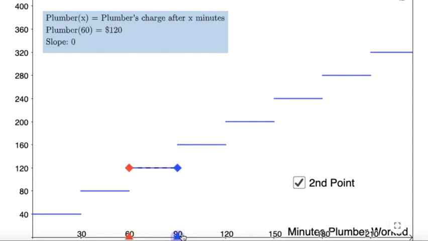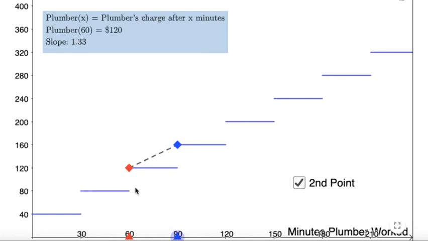It means that for each additional minute worked, and let's go back as close to 90 as we can get here before we jump down, you can see right here, the slope is 1.33. So that means that on average, from 60 to 90 minutes, you were paying $1.33 per minute.